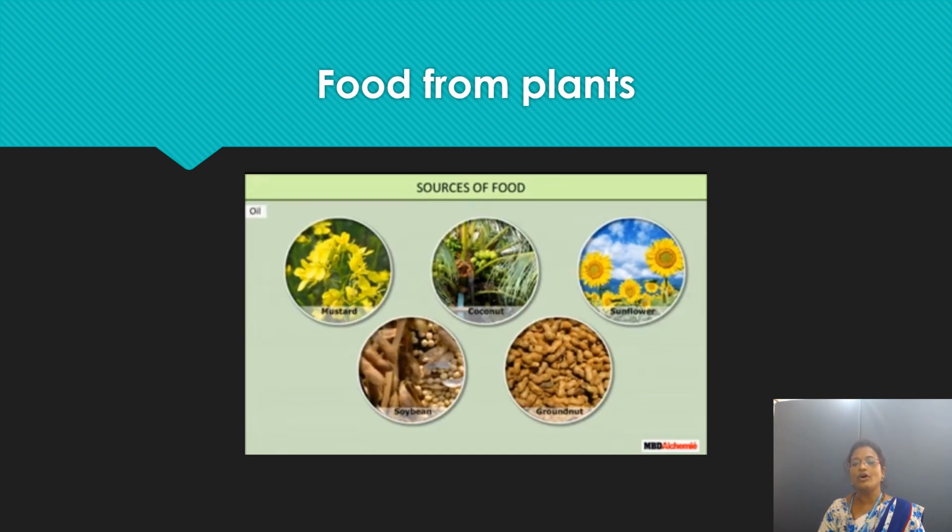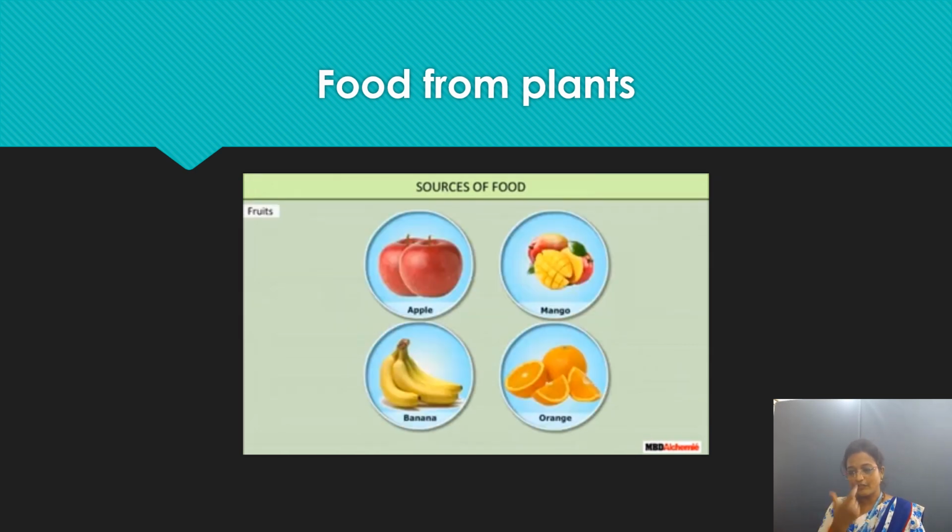Next, oil. The oil which we use for cooking, from where does it come? It is a source of plants. From plants only we get it, isn't it? You can see mustard oil, coconut, sunflower, soya bean, groundnut. These are the things which we get from plants. The next is fruits. Even fruits we get from plants.